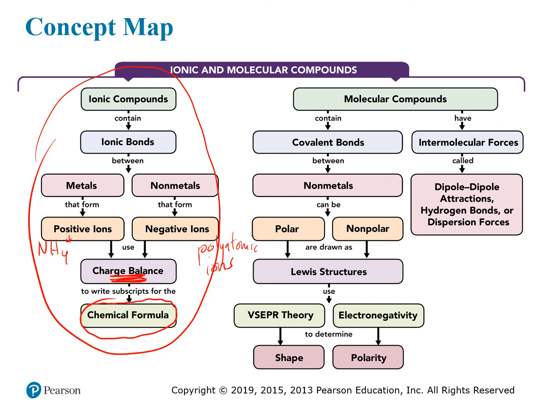For molecular compounds, we have the concept of covalent bonds, how covalent bonds work, the fact that these are between nonmetals, that the bonds can be polar or nonpolar, how to draw Lewis structures to indicate the shape of a molecule, and how we can use VSEPR theory to figure out the shape, and then the shape and the bond polarity and electronegativity to figure out the molecular polarity.